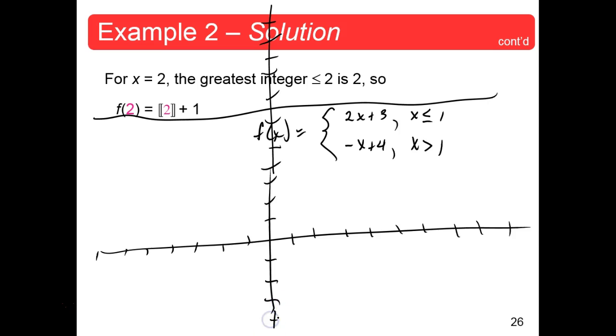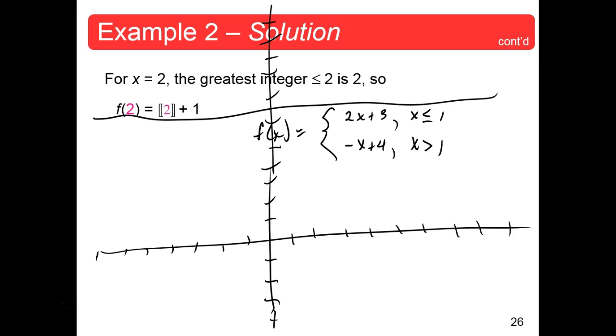Okay. Now, how would we go about graphing that? You tell me. How would you graph that piecewise defined function? I can think of a couple ways to proceed. Yes? Plug them in, okay?